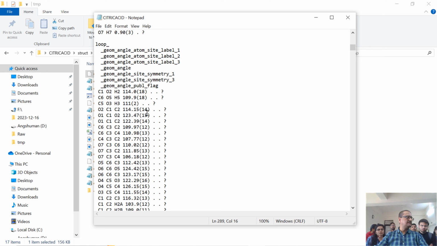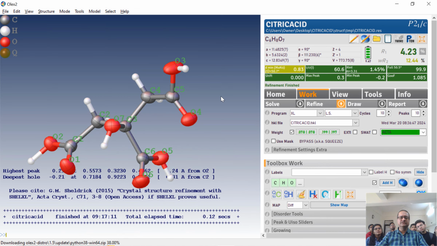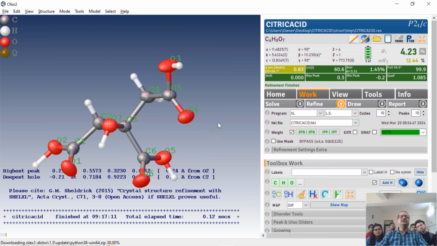So this difference you should note: what happens when you have the hydrogens located from the difference Fourier map, or when you have geometrically fixed the hydrogens and refined isotropically.